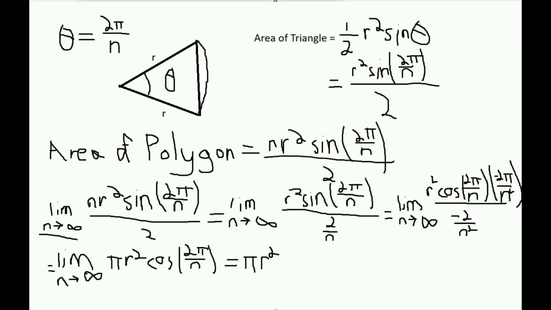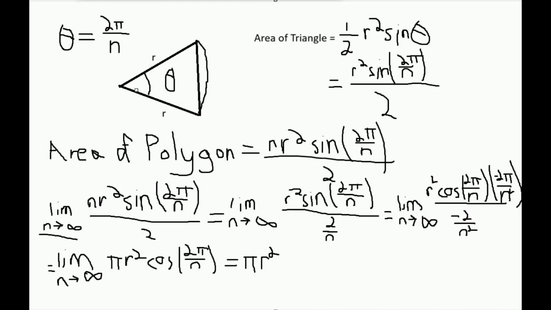So if we look at this triangle, what it's going to have is an angle of theta between two sides, which are equal to the radius of the circle. And so we're going to look at the area of the triangle because we know that if a triangle has two sides, A and B, and the angle between them is theta, the area of that triangle is going to be 1/2 AB times sine theta.